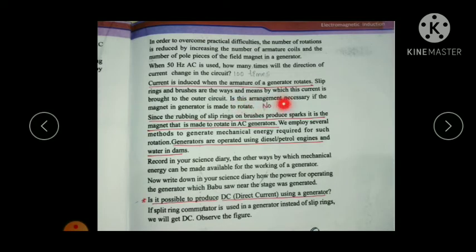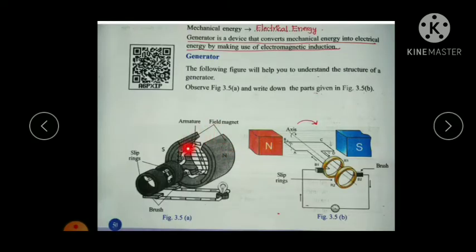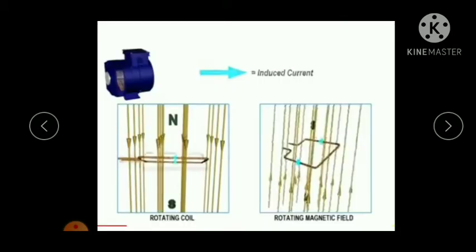Is this arrangement necessary if the magnet in the generator is made to rotate? For example, if the magnet is rotating and the armature is kept stationary, in such situations there is no need for these graphite brushes and slip rings, because we know that armature and magnets are the two important parts of a generator.